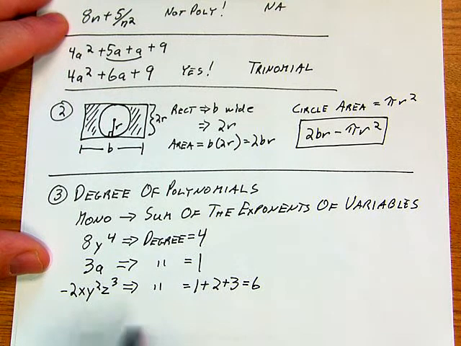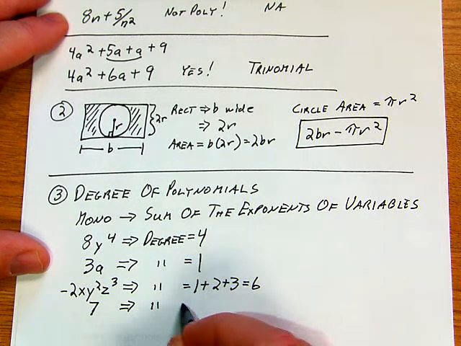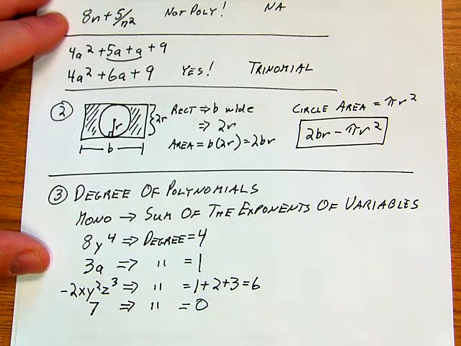So the degree of this monomial is 6. And finally, let's take a look at a simple monomial, just the number 7. What is its degree? Well, it has no variables, so its degree is just the number 0.